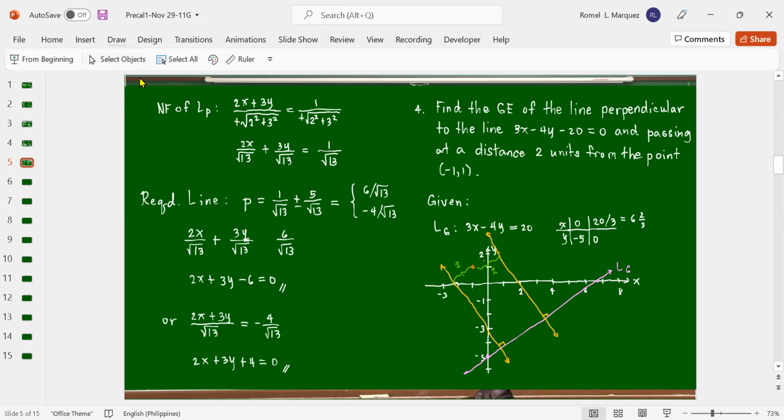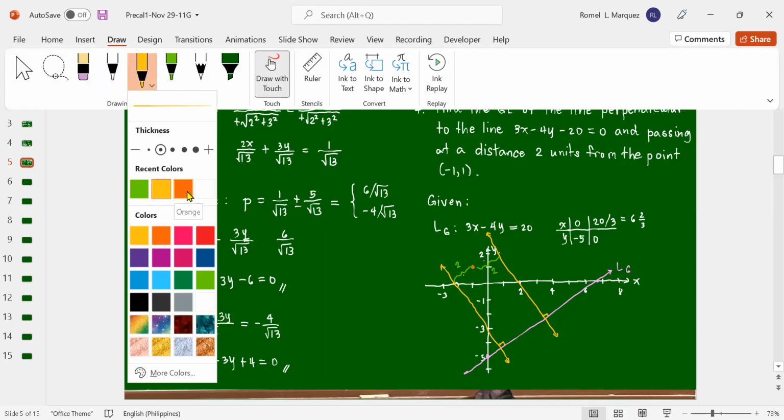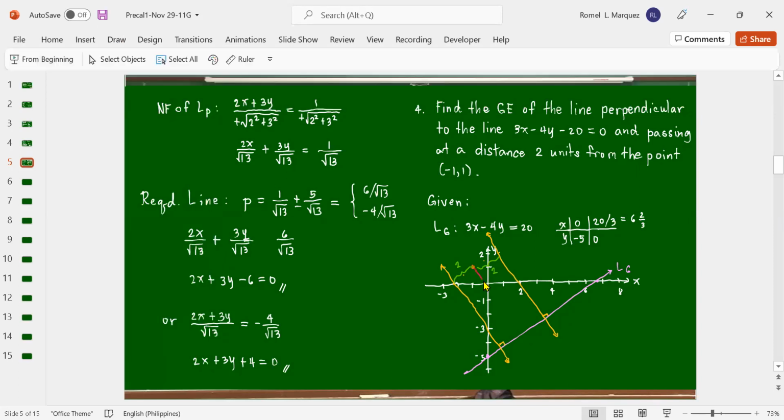So let's get a line passing through this orange point but perpendicular to the pink.